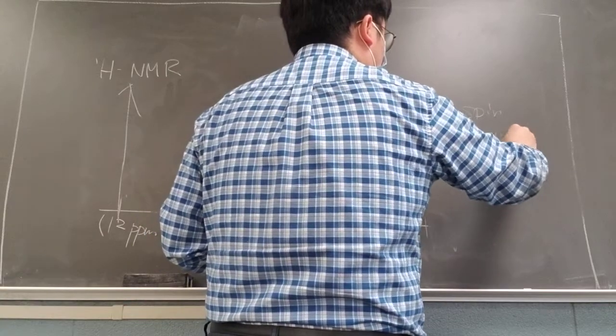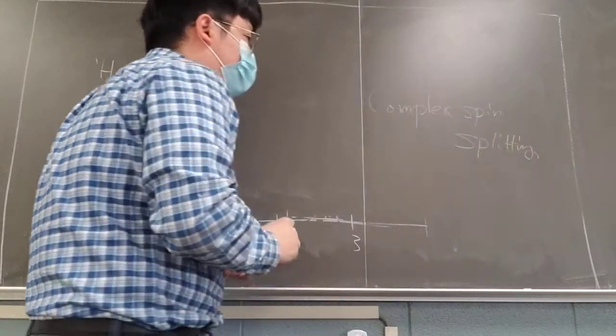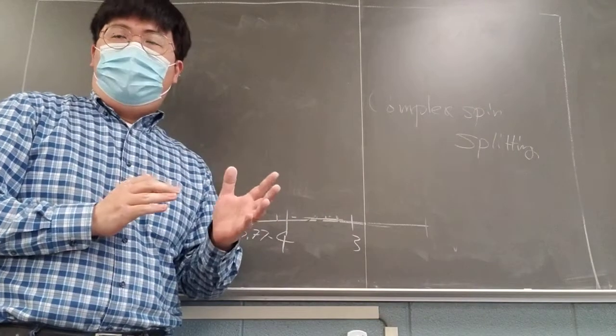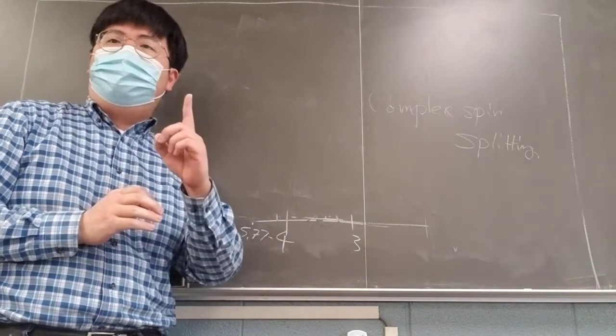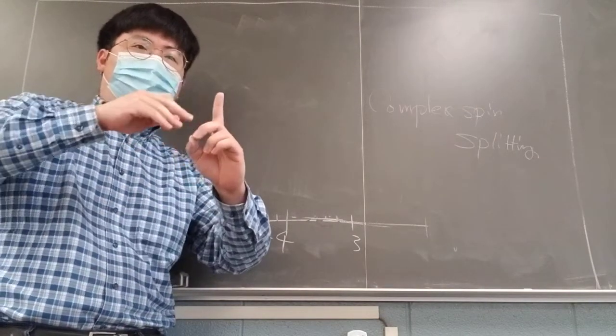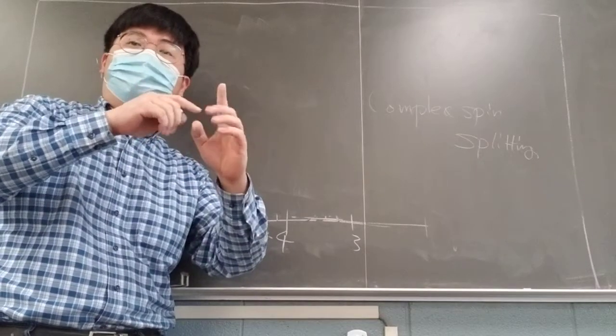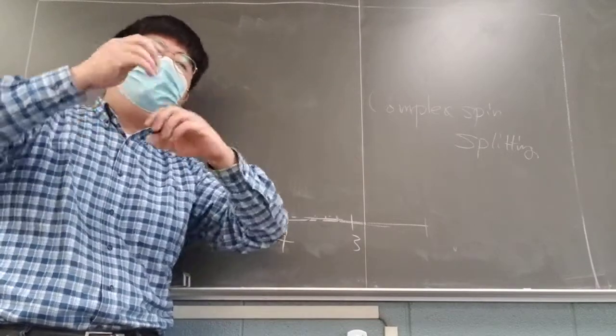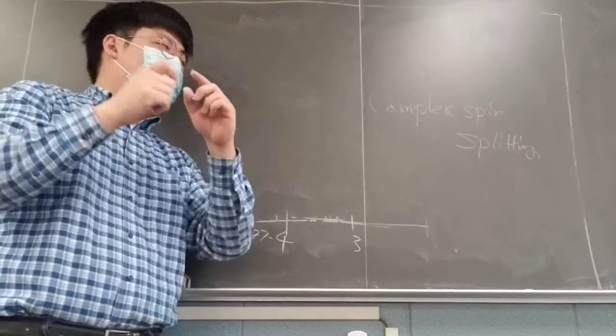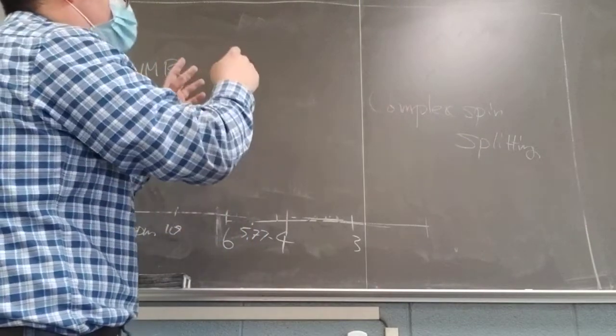splitting. Okay, so what we just saw was that one signal, one spin, was interacted with by the same number of equivalent protons, right? They are not equivalent to each other, but they are affected by the same.